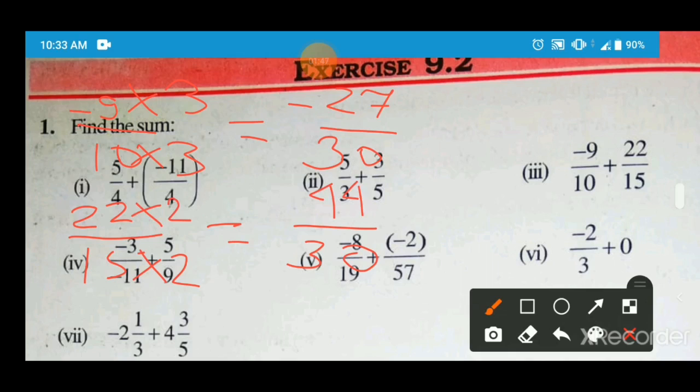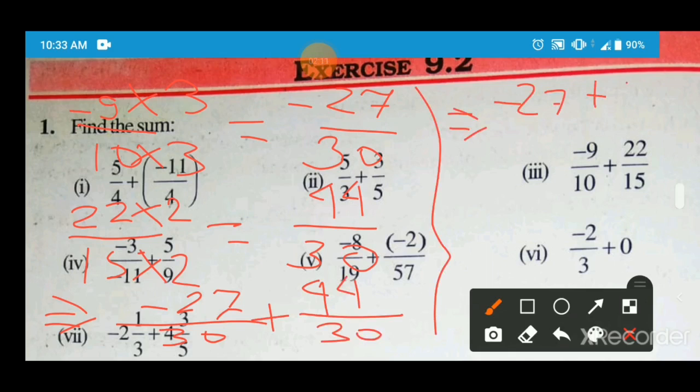So now it is minus 27 upon 30 plus 44 upon 30. 30 we take as common because it is a common denominator.